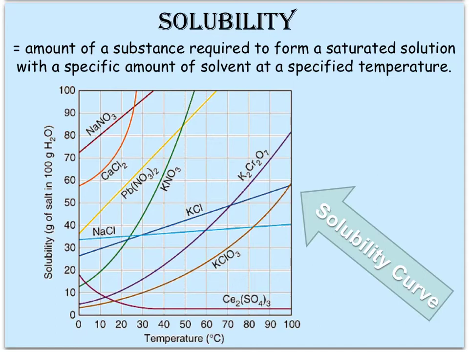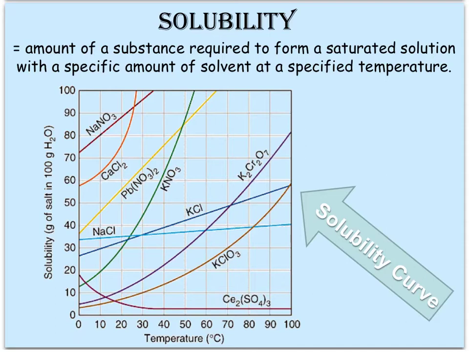You'll notice that each of these substances, sodium nitrate, calcium chloride, lead(II) nitrate, for example, all increase with the increase of temperature. Every now and then you'll find a substance such as the selenium sulfate down bottom that actually decreases in solubility as temperature increases.